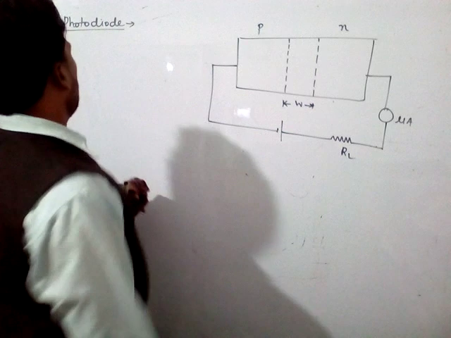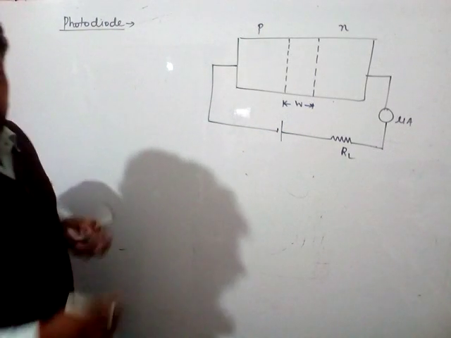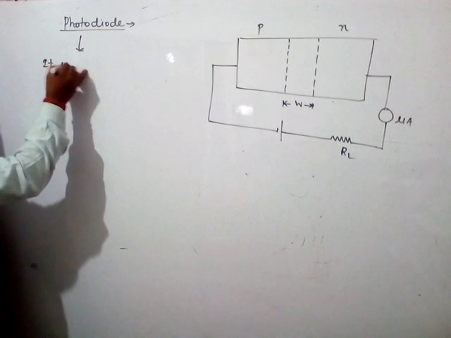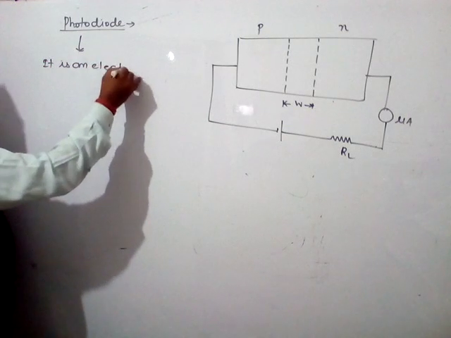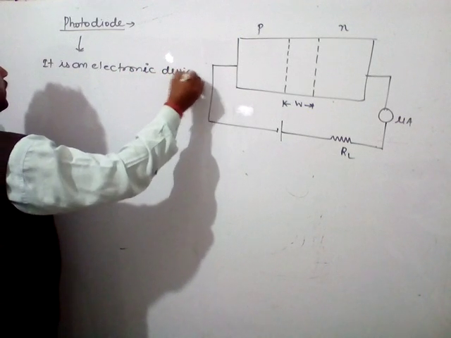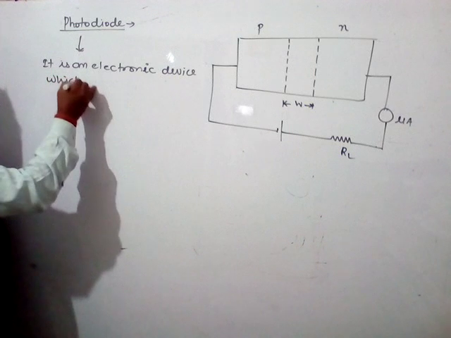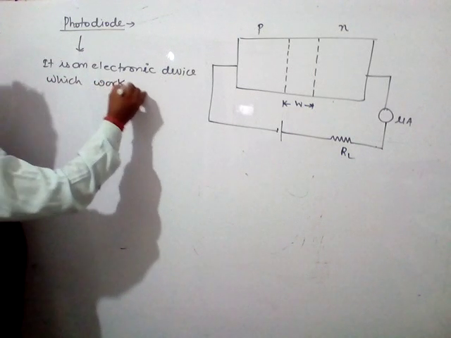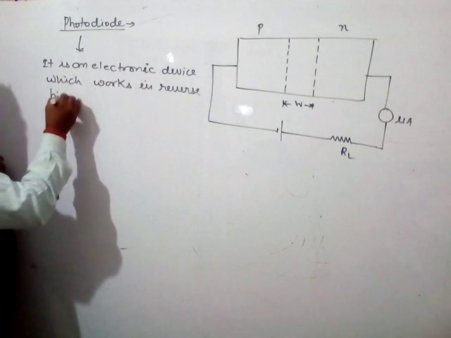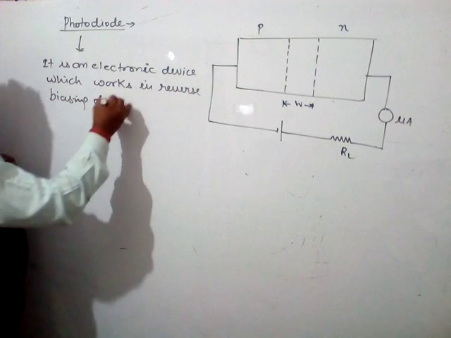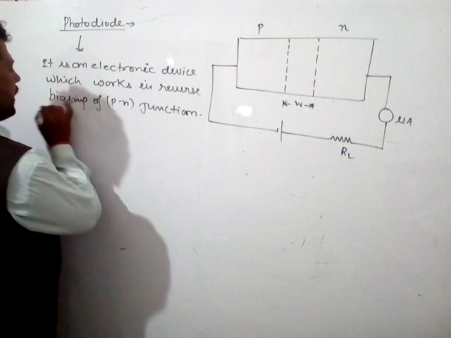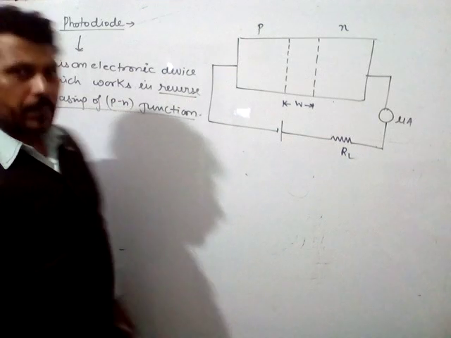So this is a photodiode, an electronic device which operates in the reverse bias of a PN junction diode. ये PN junction diode की reverse biasing में operate करता है.